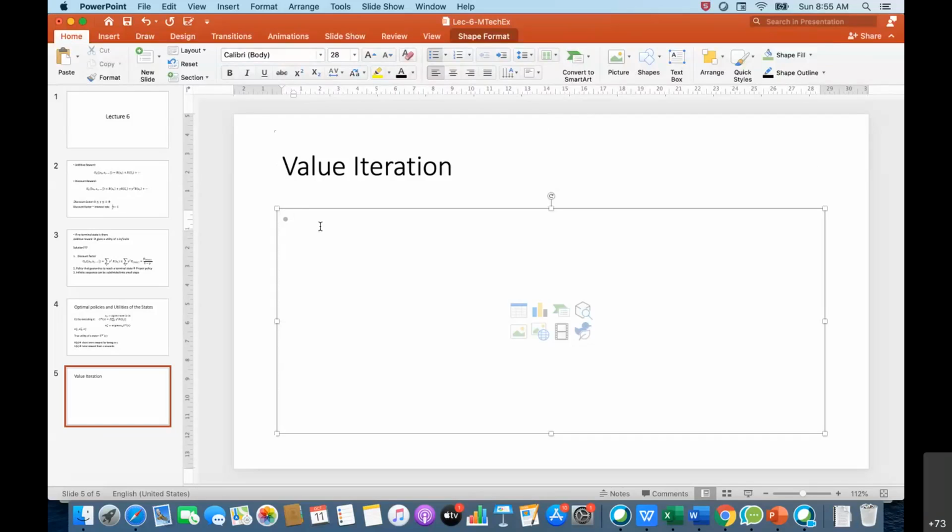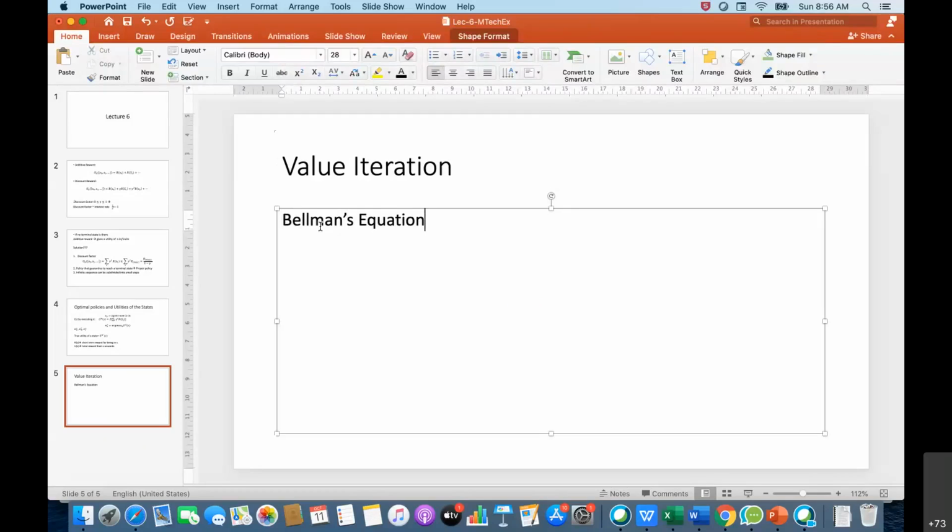There is a very important equation named Bellman's equation, using which we can compute the utilities.